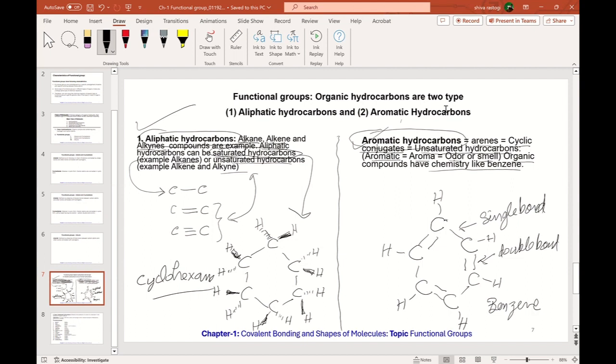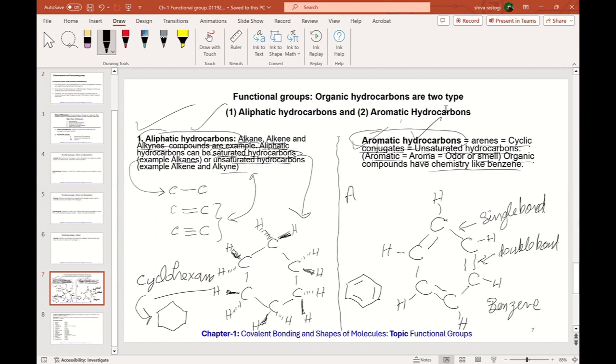And benzene is also represented in this form, just with alternate double bonds, where we do not show any hydrogen. And cycloalkane we represent without any elements like this one. This is the cycloalkane. So this is the difference between the aromatic hydrocarbon and aliphatic hydrocarbon. The aromatic hydrocarbon has the benzene, and benzene is a very carcinogenic compound, and they have aromaticity.